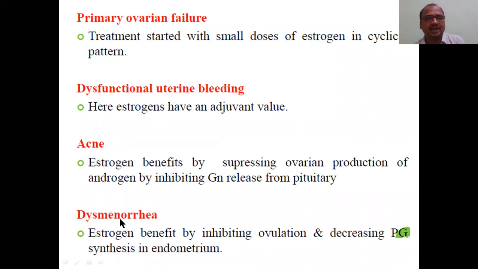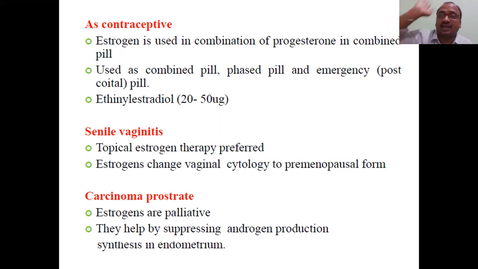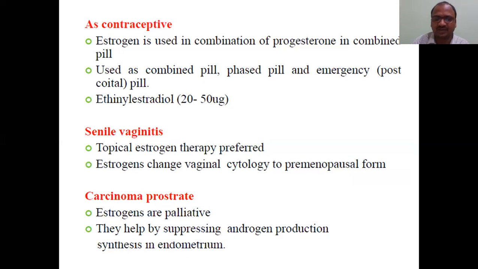Dysmenorrhea, pain during menstruation. Also used as a contraceptive: if you take extra estrogen and progesterone, it works like a contraceptive. It avoids pregnancy. Senile vaginitis, dryness of the vagina, carcinoma of the prostate. For gents, we have to give estrogen tablets so that it stops prostate cancer.